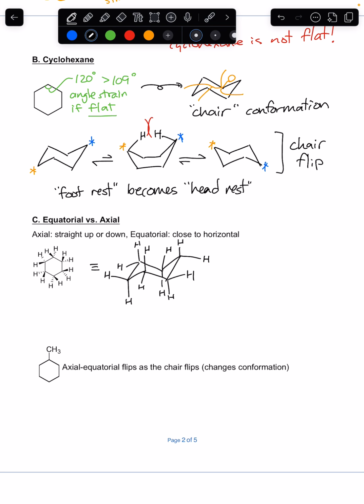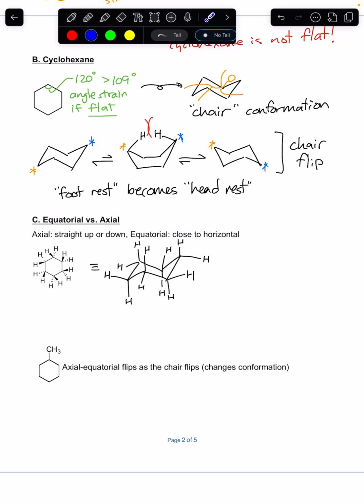Now, what we call axial are the ones that are up and down, like these 1, 2, 3, 4, 5, 6 axial protons. The equatorial protons are the rest of the hydrogens, going to the side, almost horizontal, but not quite. Equatorial, like the equator, is what's around the sphere.